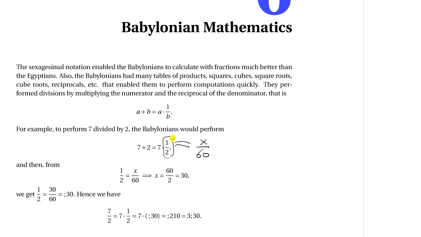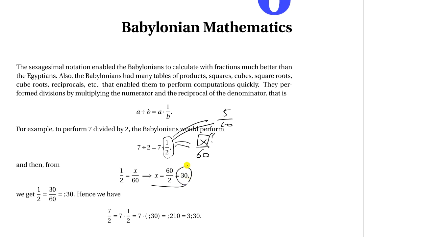In our case, 1 half can be written as 5 tenths, because our base is 10. Same thing: what number should be good for that x, the numerator, with base 60? Then a simple calculation: x equals 60 over 2, which is 30.